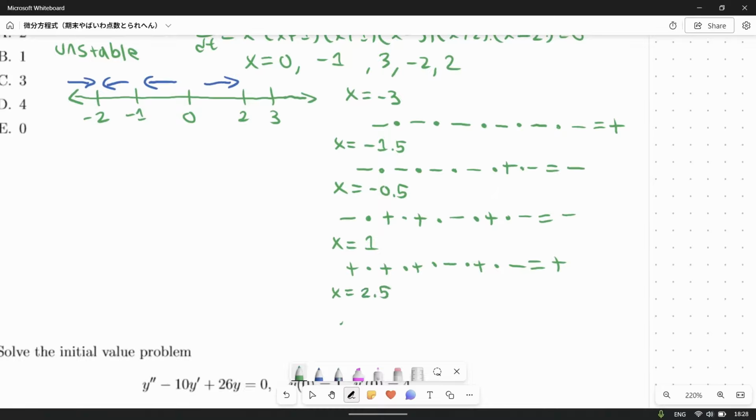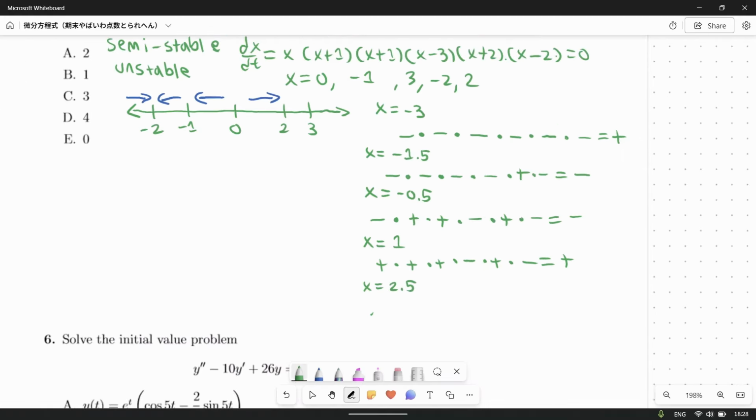With 2.5, plugging that back into the original equation, we end up with a positive times a positive times a positive times a negative times a positive times a positive. And that's ultimately going to give us a negative. And so that results in an arrow that goes away from 3 towards 2. And finally, we can pick one more number, so let's just say x is equal to 4.